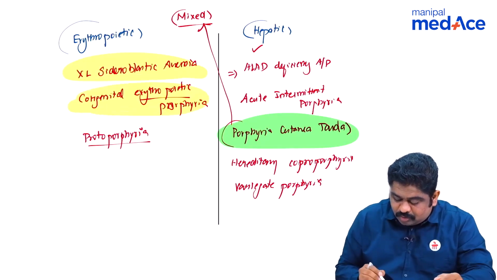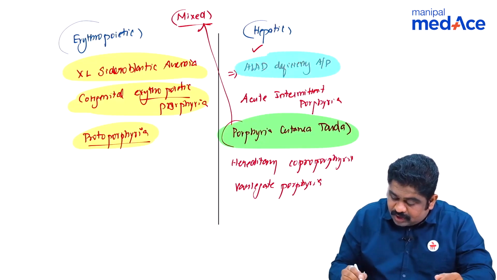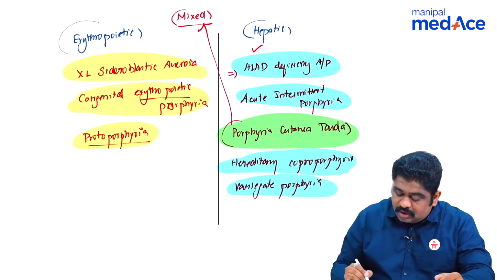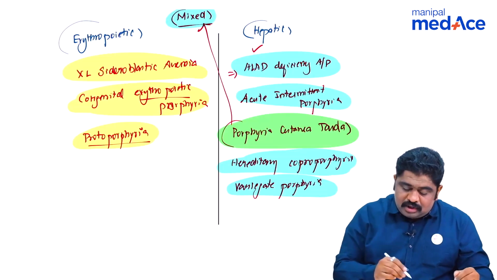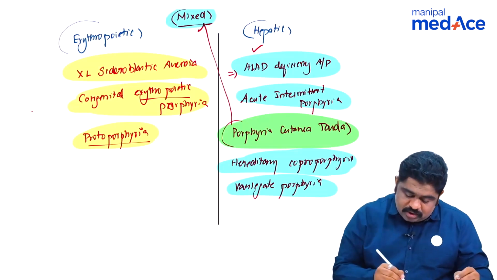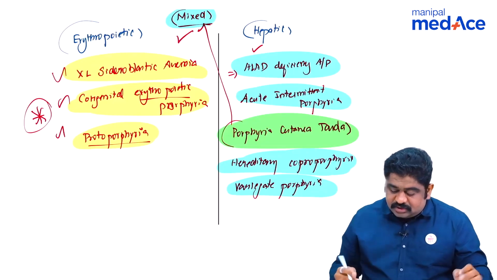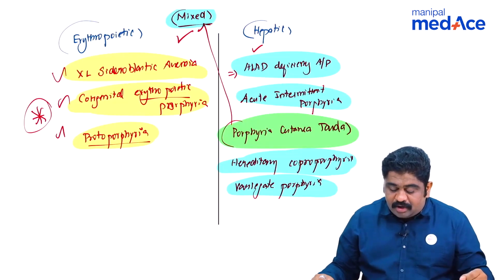Erythropoietic, erythropoietic, erythropoietic. Now you look at this color, hepatic, hepatic, hepatic, hepatic. This one, porphyria cutanea tarda, is mixed. So the ideal intelligent thing is to remember these three diseases along with this, so the rest of them will be called hepatic. And what is the problem with hepatic and erythropoietic?